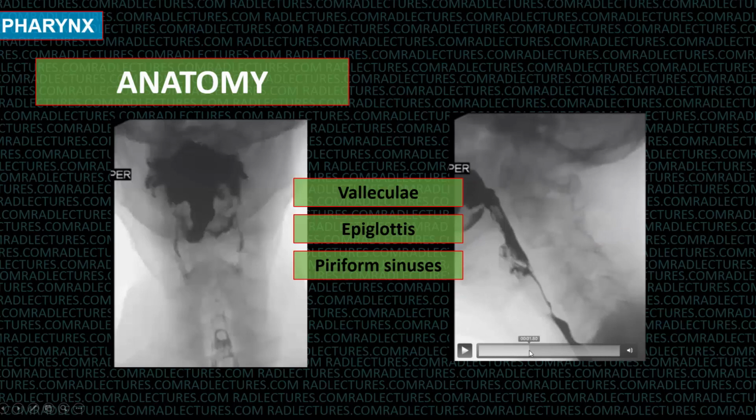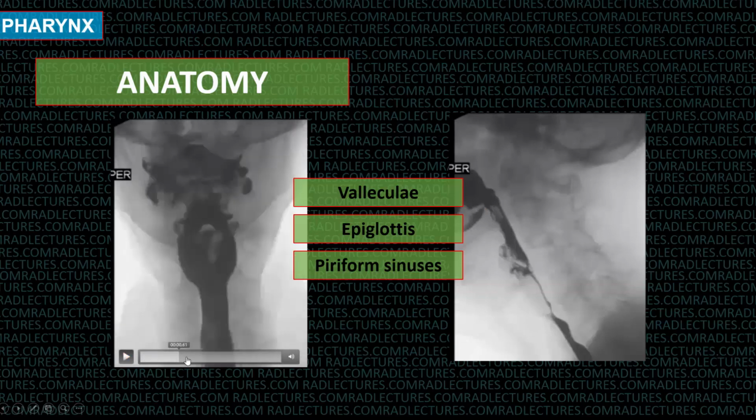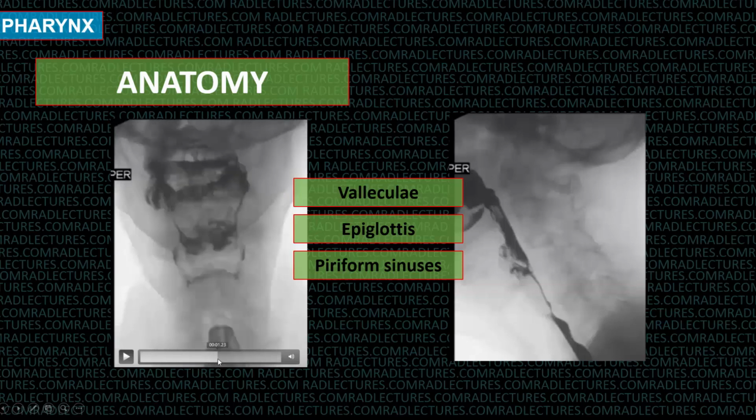So the space between the epiglottis and the base of the tongue is the vallecula, and that is seen on the AP view as two pockets right here, and they are seen better in the air-filled views than in the contrast-filled views. So vallecula is the space between the epiglottis and the base of the tongue.